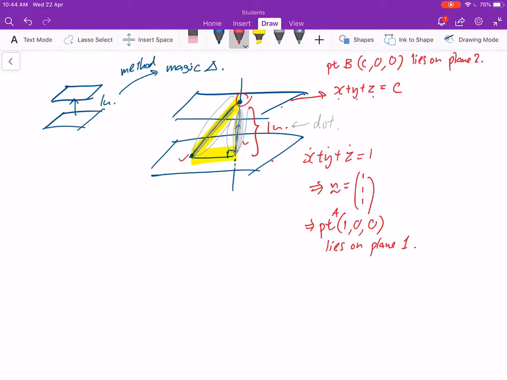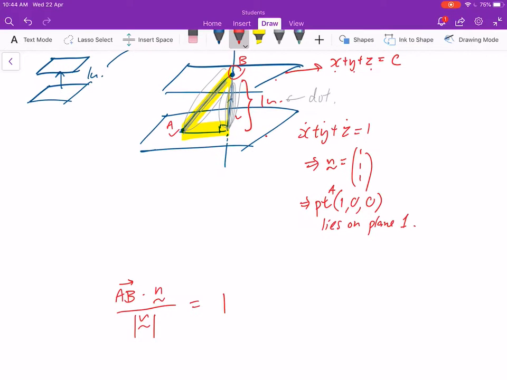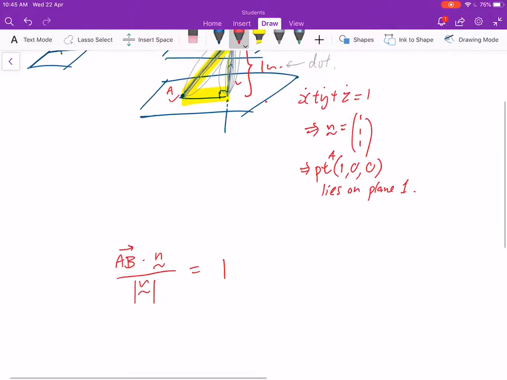If I do the dot product, let's call this A, B, and this N. Okay, this will give me the distance, which in this question is stated, right? 1 unit. So I can go ahead and solve it. Plug in all the values, how to find AB.